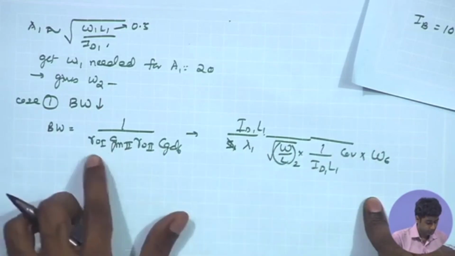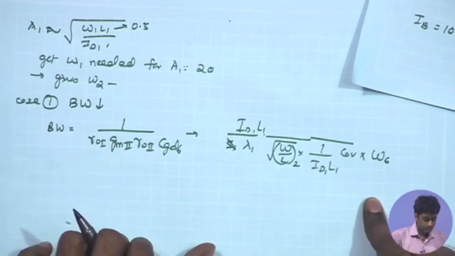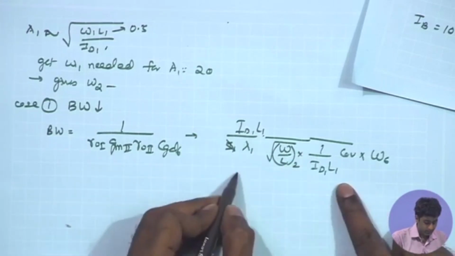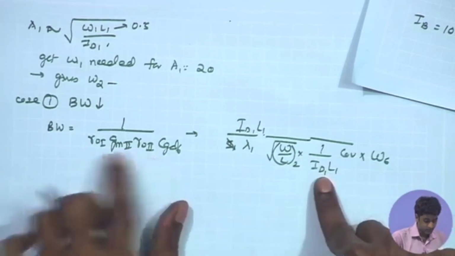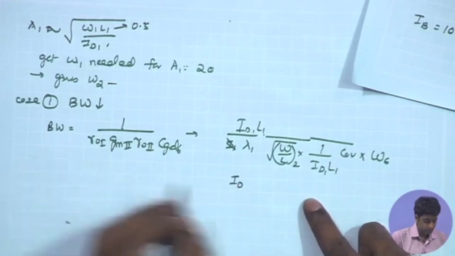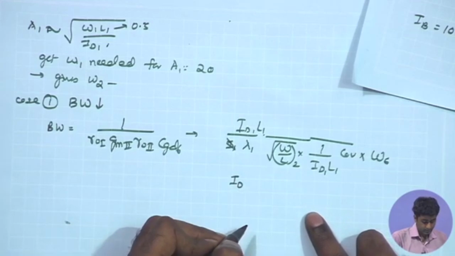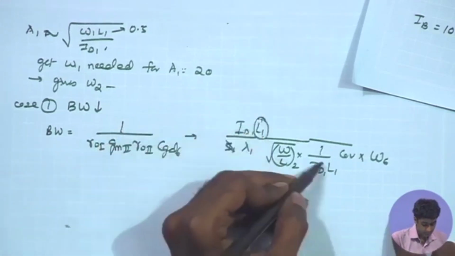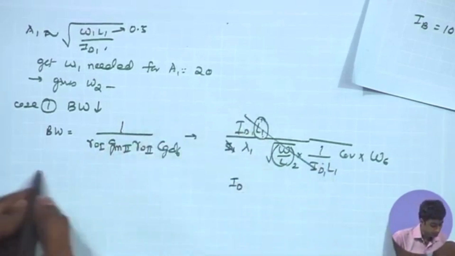So, if I look at the overall quantities over here, I have the bandwidth dependence on ID definitely pretty strong. Sorry, I just messed up. Let me write it down once again.